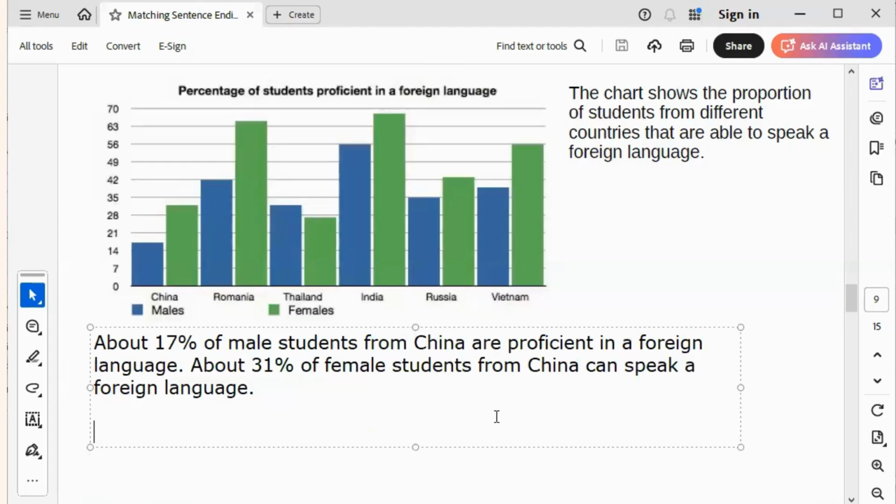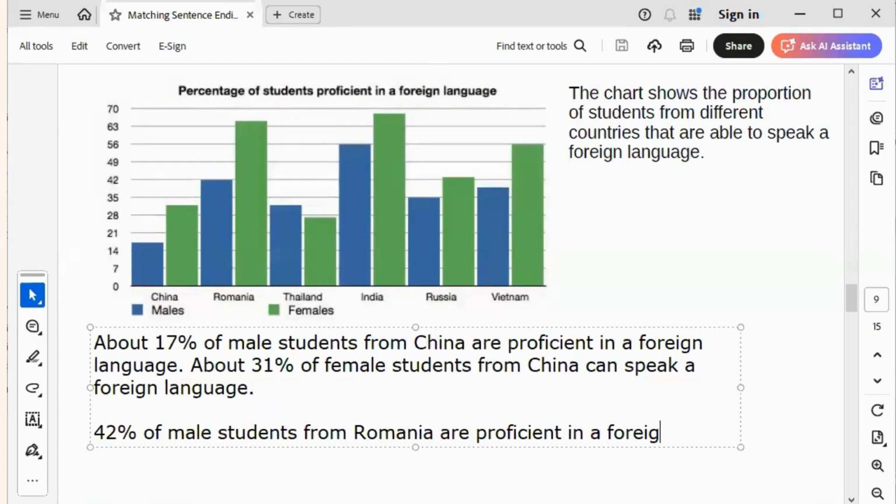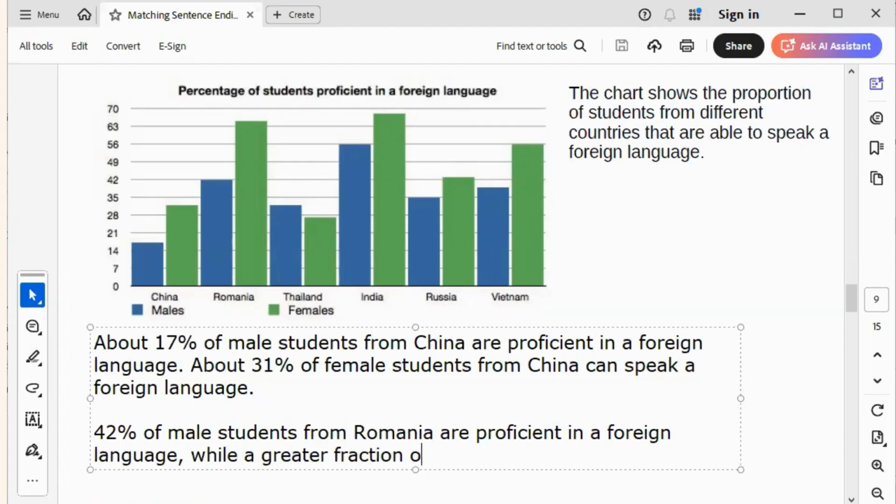So for Romania, I'm going to say: 42% of male students from Romania are proficient in a foreign language, while a greater fraction of what? 65%.